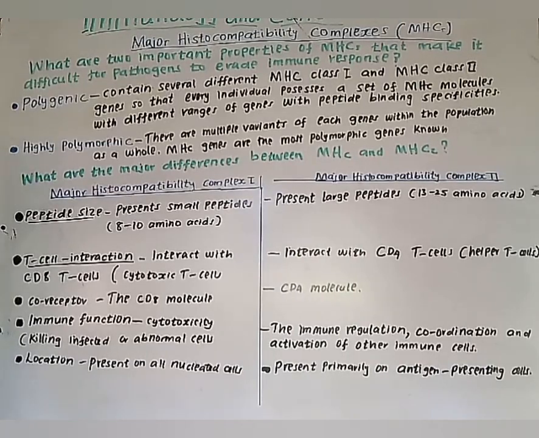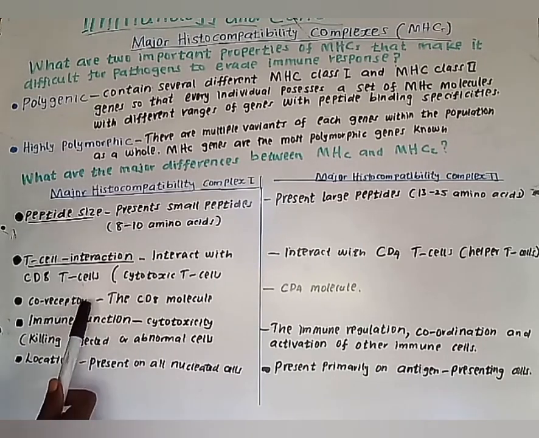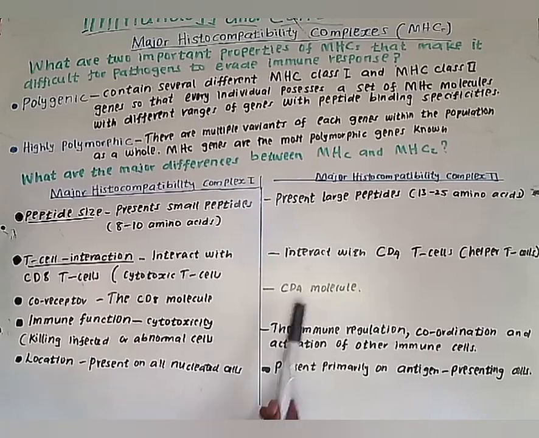We can also differentiate them in terms of T-cell interaction. Under T-cell interaction, MHC1 interacts with CD8 T cells, that is cytotoxic cells. And MHC2 interacts with CD4 T cells, that is helper T cells.